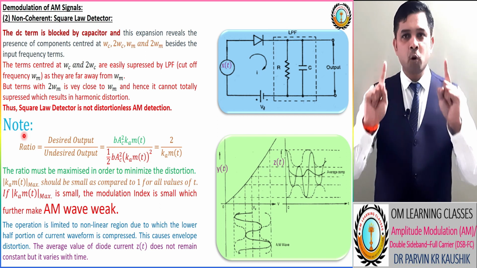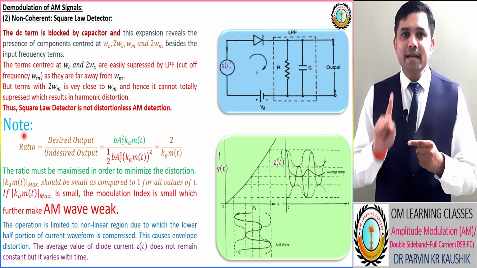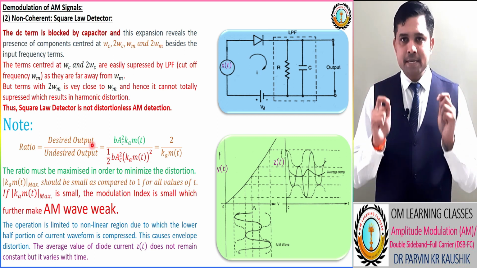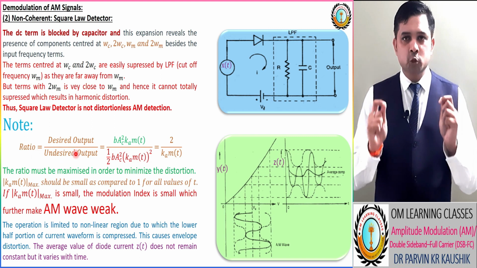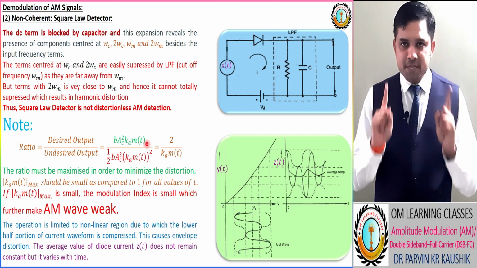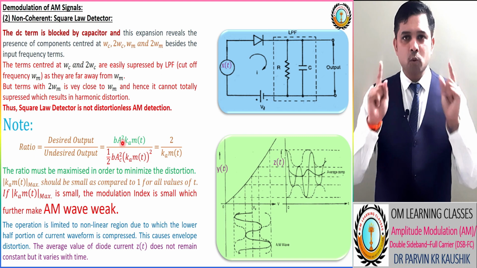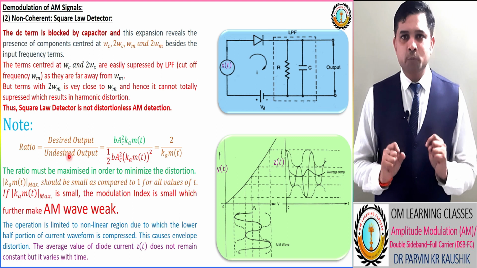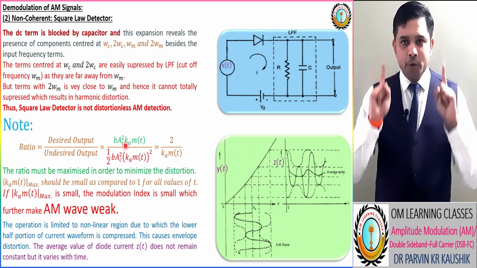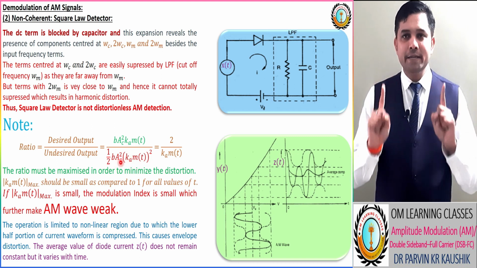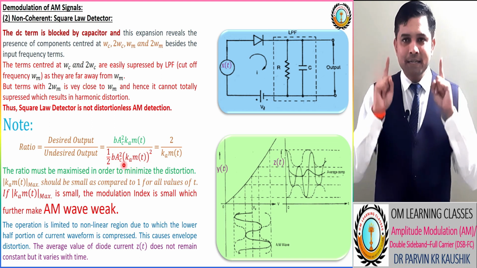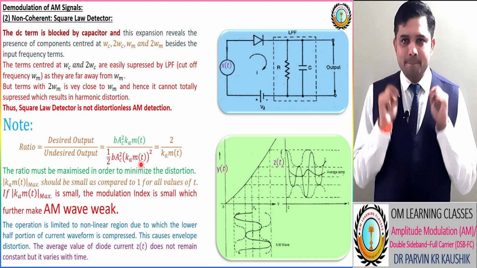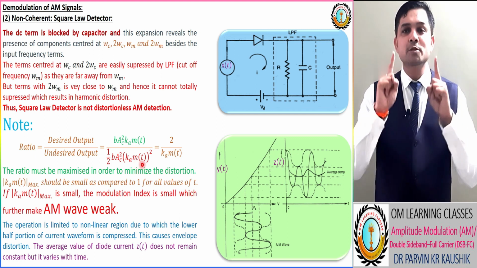As per the further finding, we take the ratio of the desired output, that is corresponding to the modulating signal m(t) centered at omega m operating frequency, to the undesired output, which is corresponding to the distortion oriented term centered at 2 omega m, corresponding to m square t.